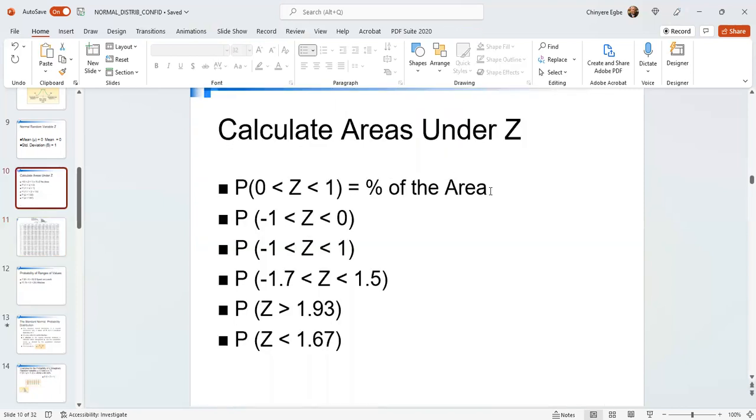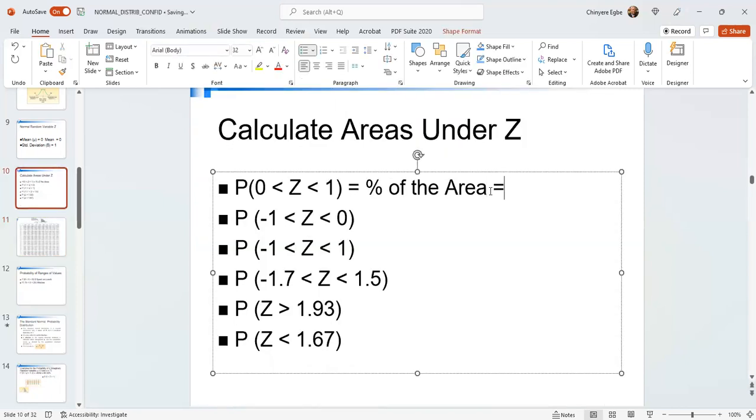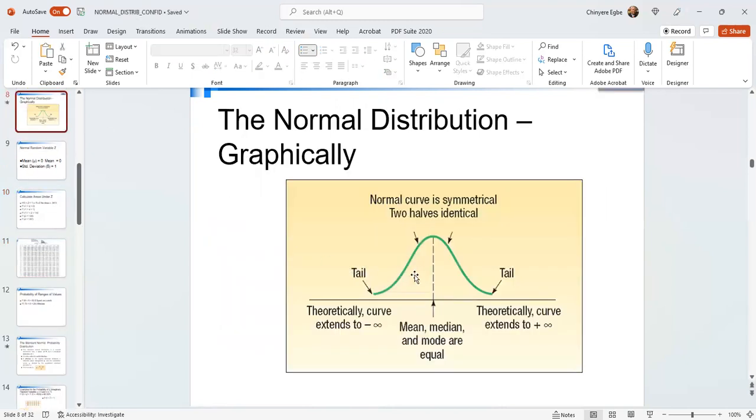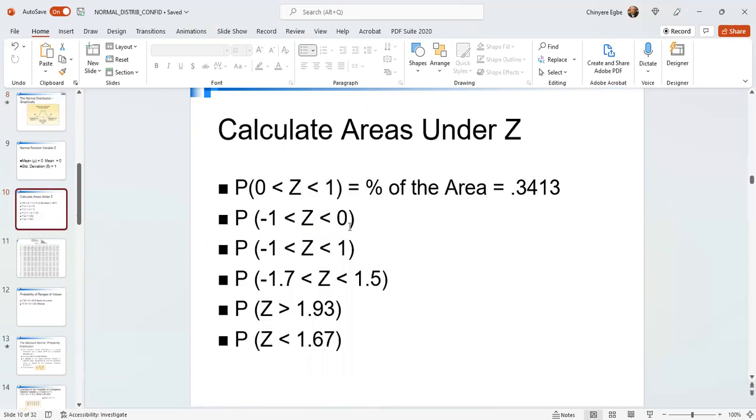And so you read out the table, 0.3413. All right? Now, like I said, because Z is symmetrical, one step to the right is equal to one step to the left. Okay? And so you ask yourself the question, what is the area of Z between -1 and 0?